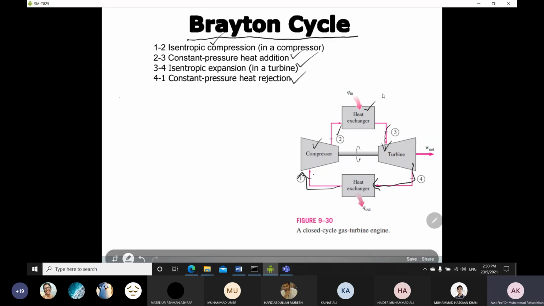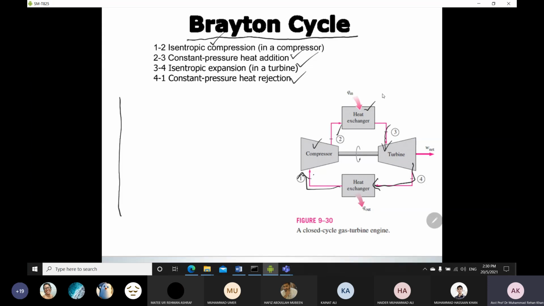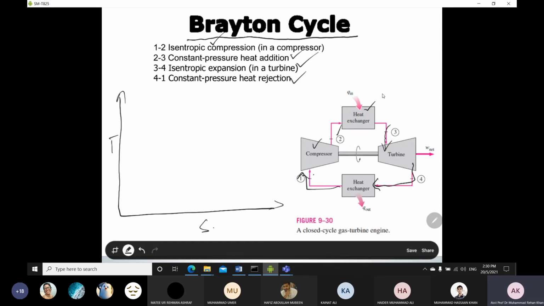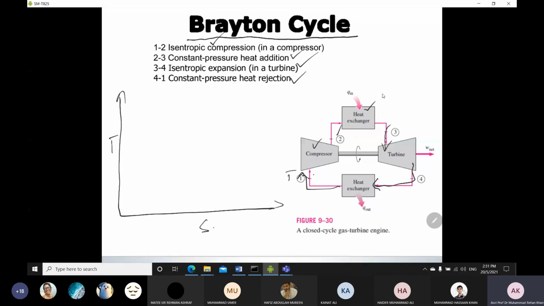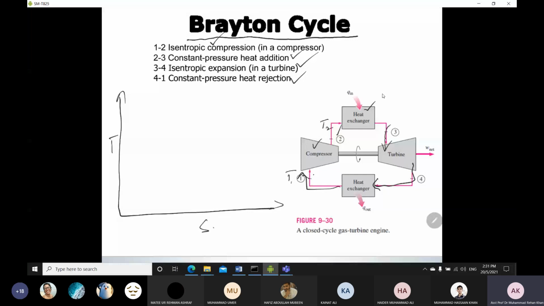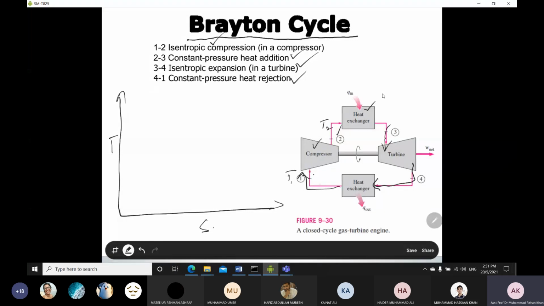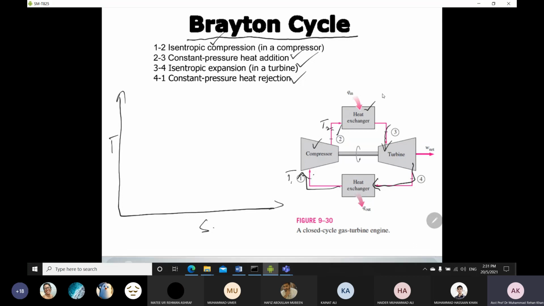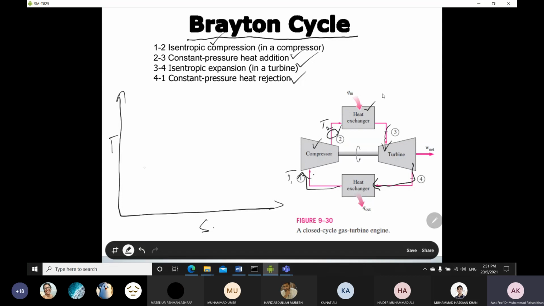Coming to the TS diagram first, starting from process 1 to 2. For 1 to 2 it is a compression process and it takes place isentropically. It means that entropy is constant, and whatever the temperature is at T1, T2 will be higher than T1, because due to compression the temperature increases.